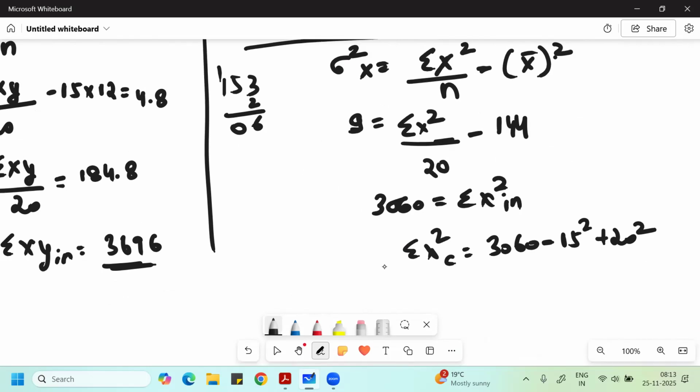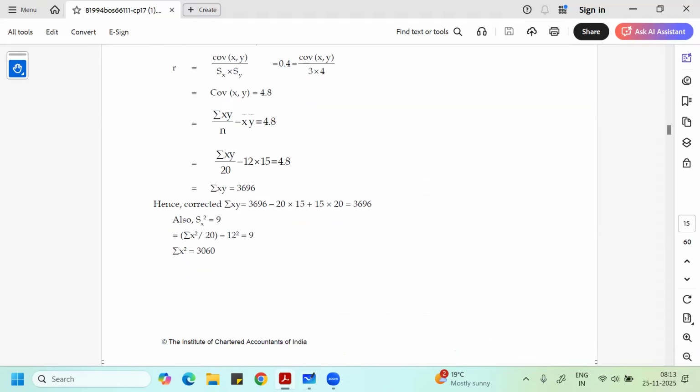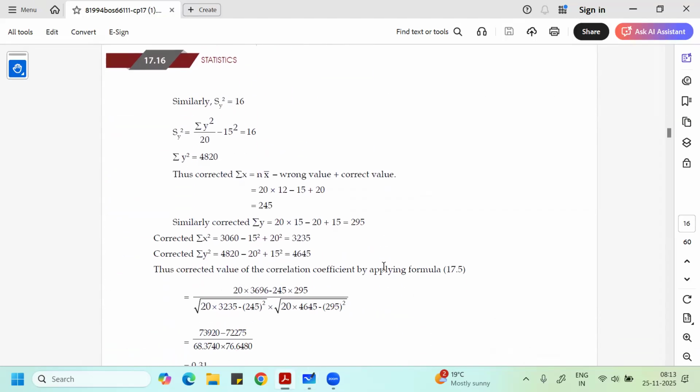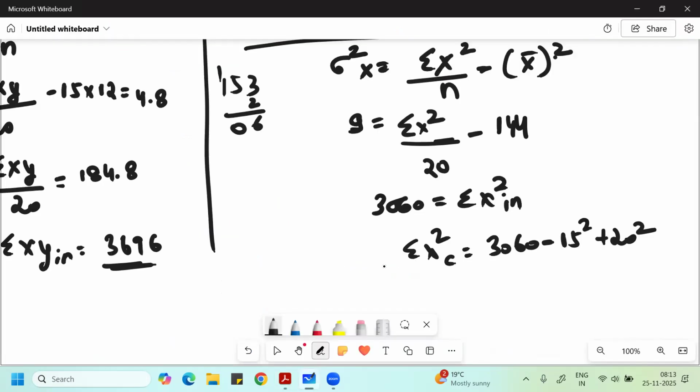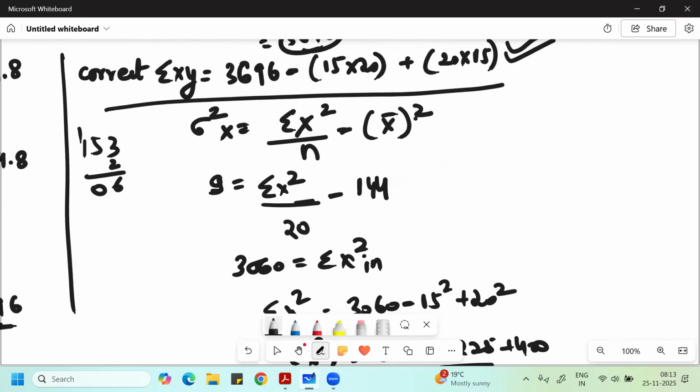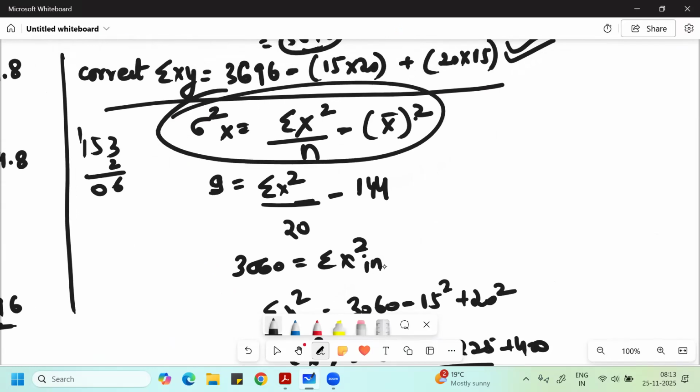The same way you find the incorrect sum of x square, you have to find the incorrect sum of y square, and then correct it the same way to get the correct sum of y square.